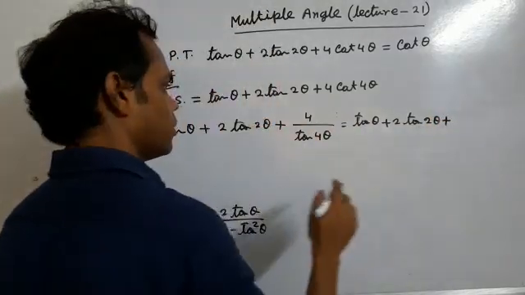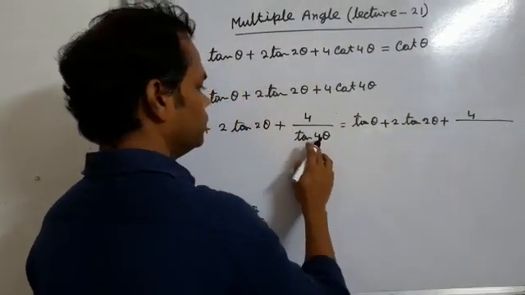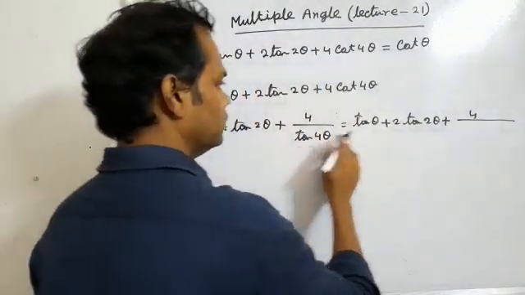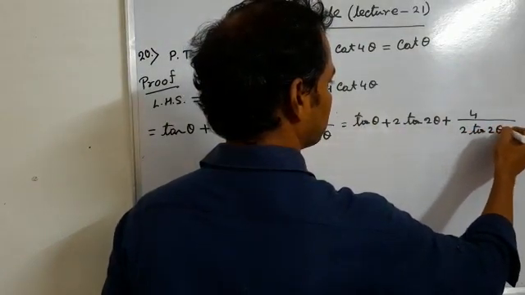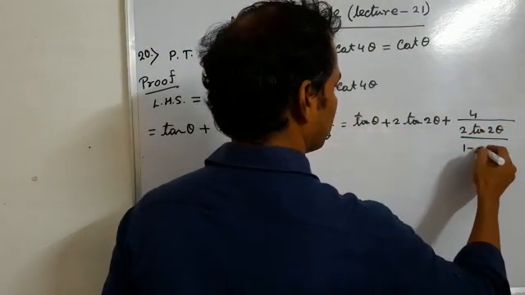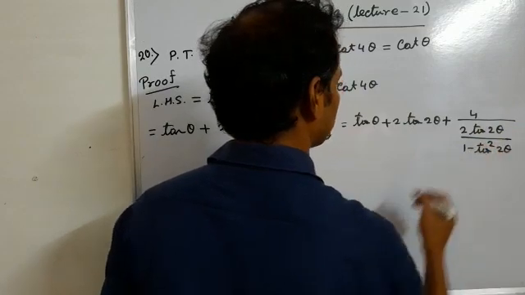Plus 4 by tan 4 theta, meaning tan of 2 into 2 theta, so 2 tan 2 theta by 1 minus tan square 2 theta.